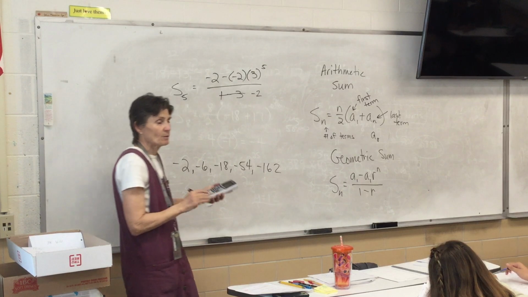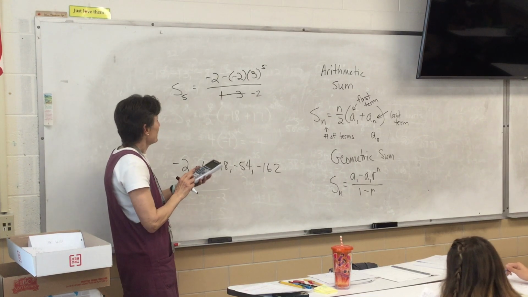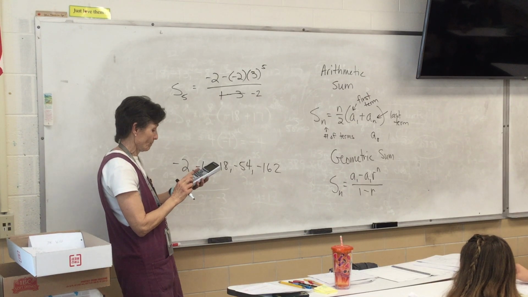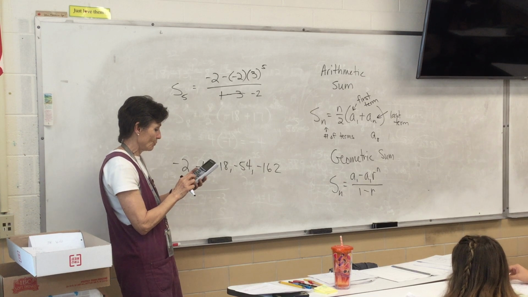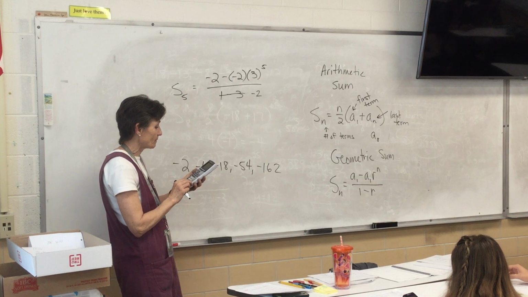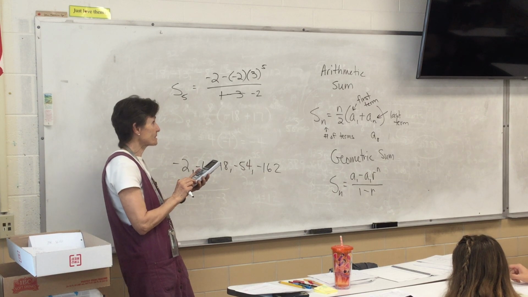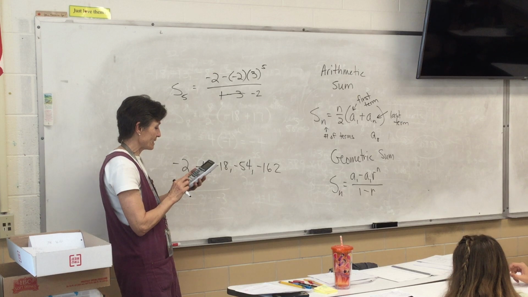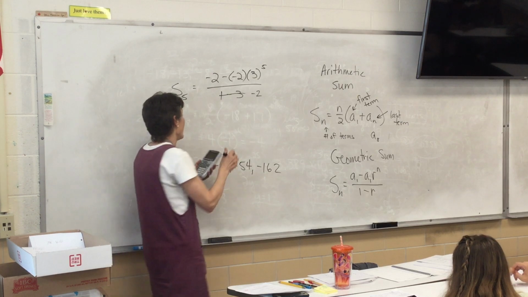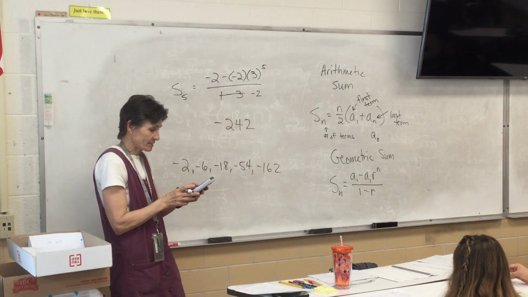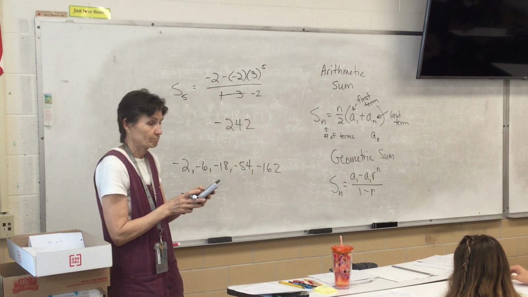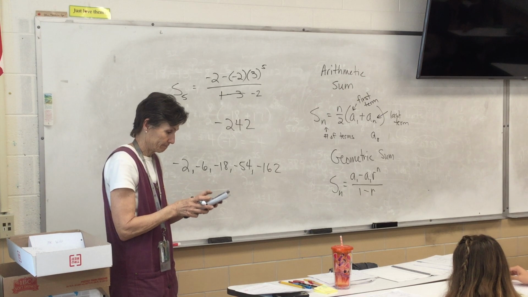So I go ahead and figure out my denominator, and then -2 minus -2 times 3 to the 5th equals, and then divided by -2. I got -242. Did anybody else get that? I did. Good.